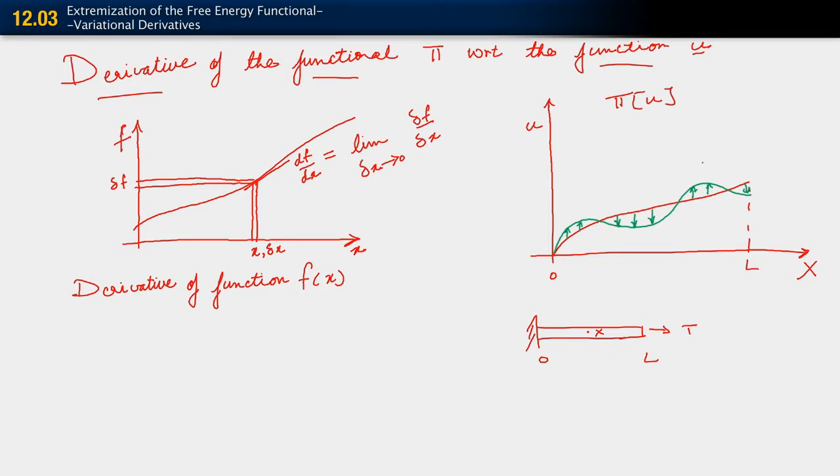I'm going to rewrite that as u, a function of x plus epsilon, and epsilon is not a function. Epsilon is just a scalar, the way I want to write it, epsilon times w of x, okay?